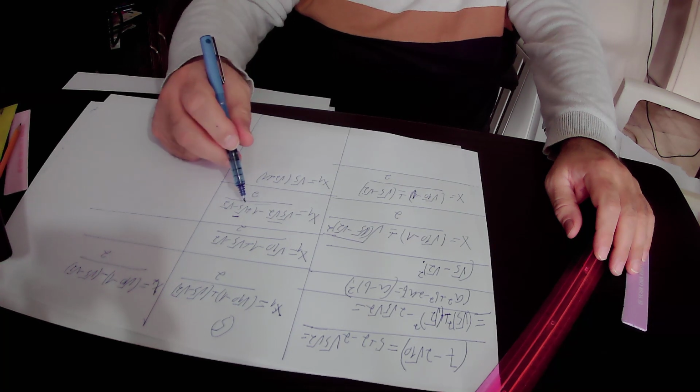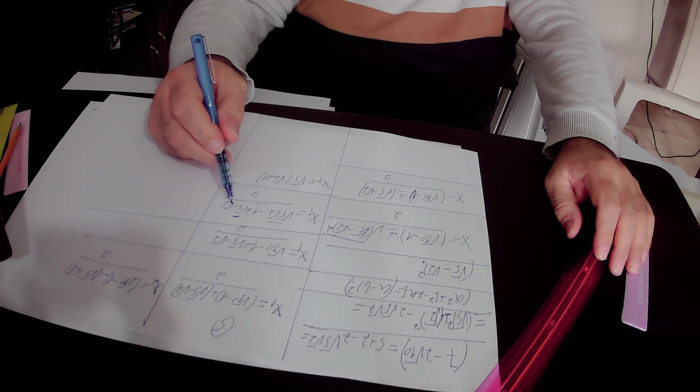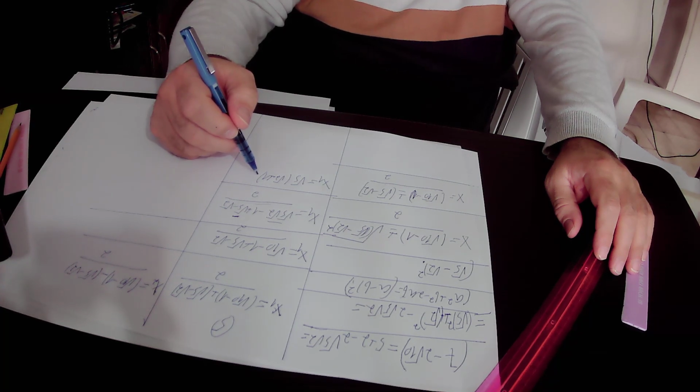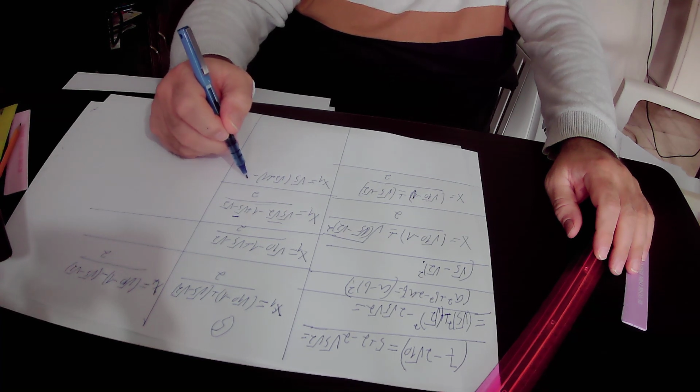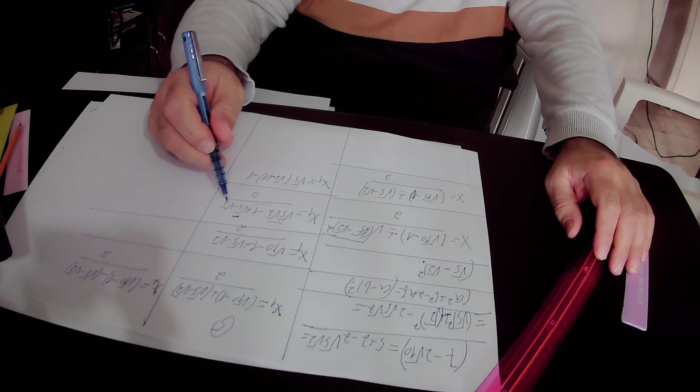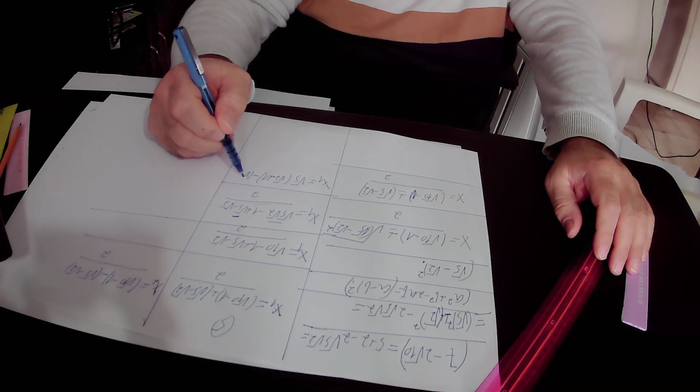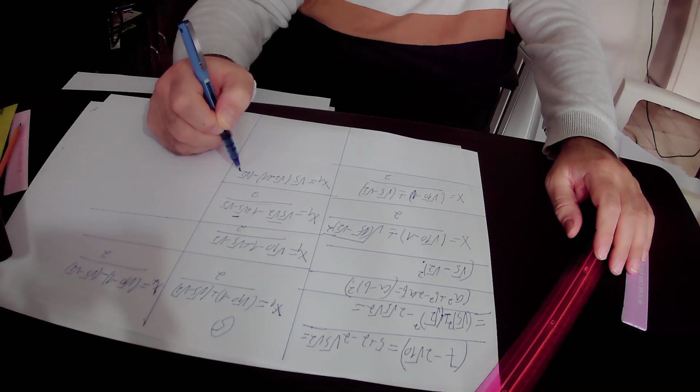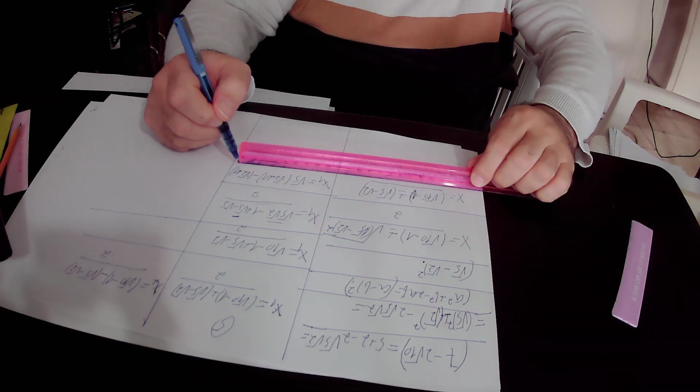And here we have minus 1, minus square root of 2, so we will take minus 1 as a common factor, and inside the brackets, what is left after we took minus 1 as a common factor is square root of 2 plus 1, all divided by 2.